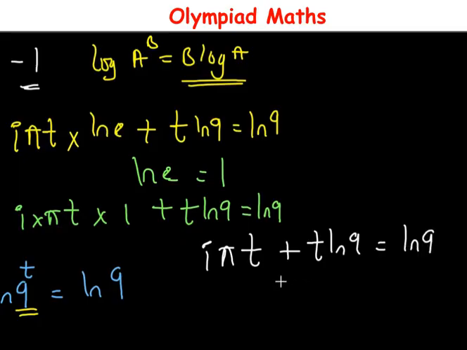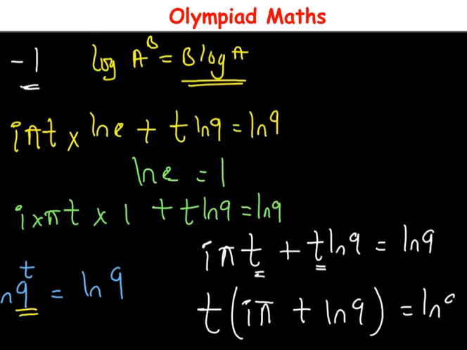So we have a common factor, which is t and t. Factorizing out t, what we have is t times (i pi plus ln 9) is equal to ln 9.